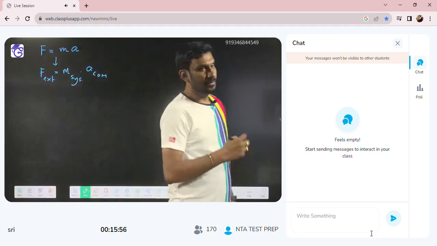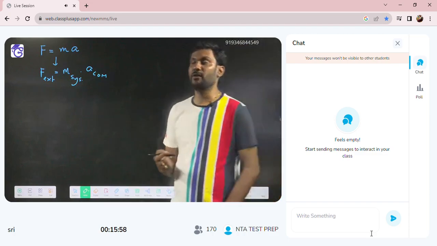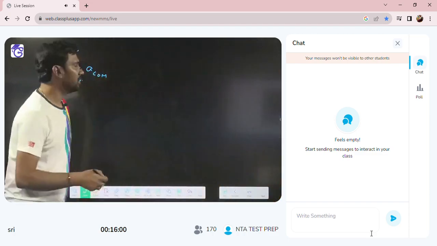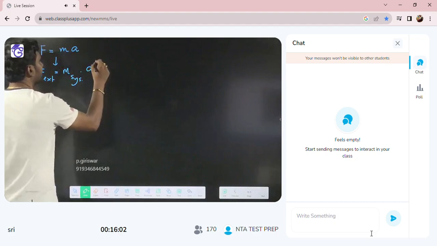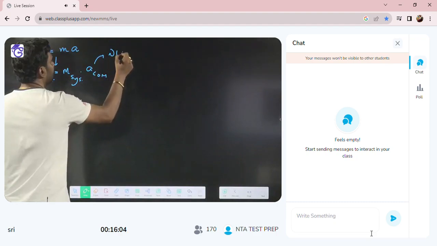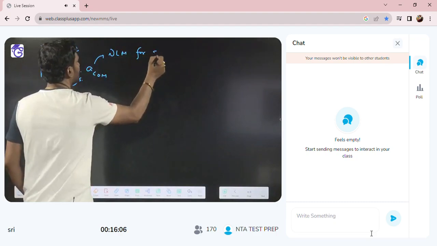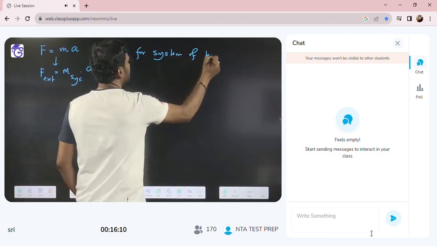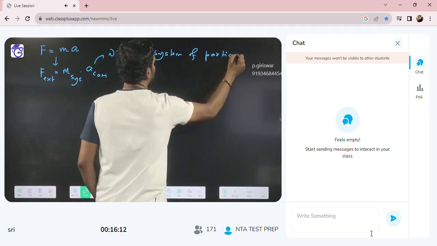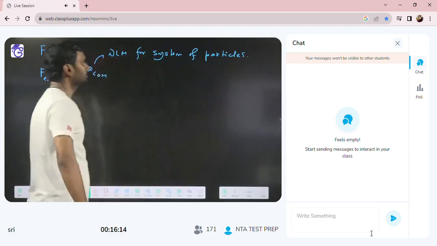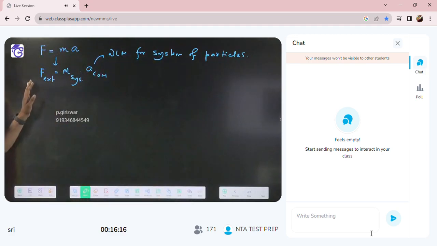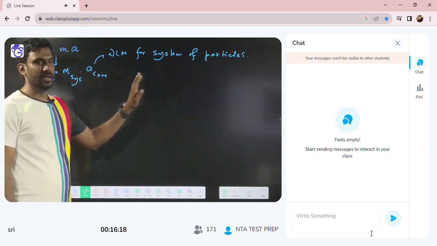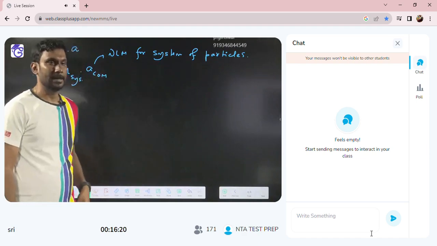So if I want to apply Newton's laws of motion for a system of particles, this is NLM for a system of particles: F external equal to mass of the system into a center of mass, correct?